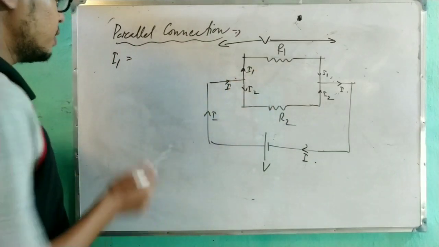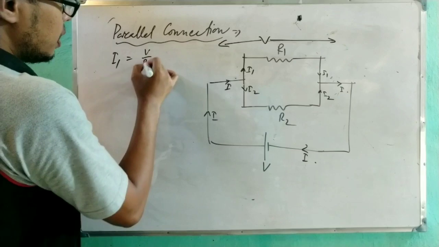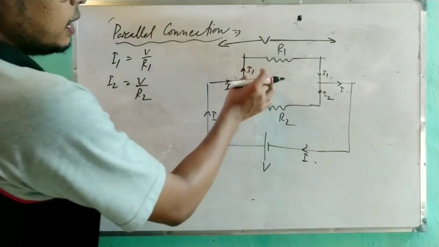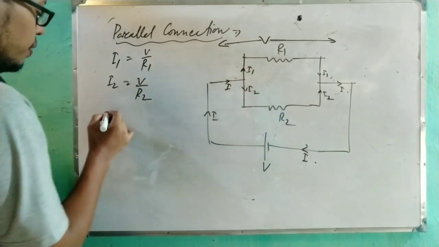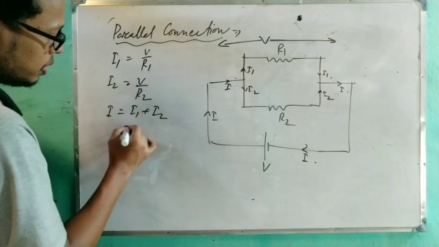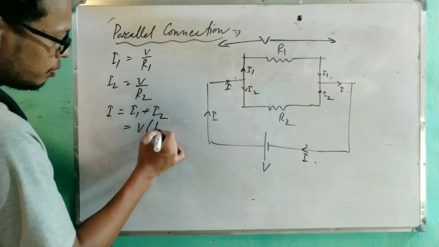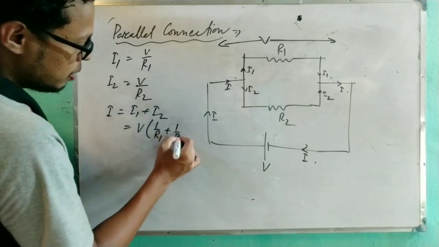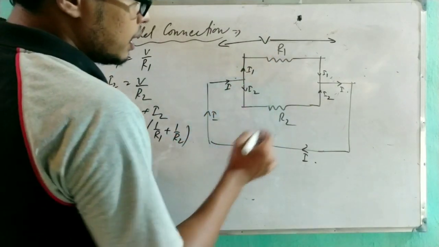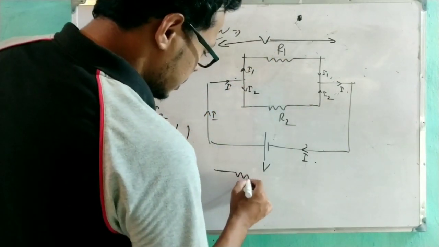Now the current is different, so we will find out the current. I1 equals V by R1 and I2 equals V by R2. If we add I1 and I2, then you will get I. So I1 plus I2, put the value, take V common, then 1 by R1 plus 1 by R2. And if we consider these two resistances as one resistance, then the circuit will be like this.